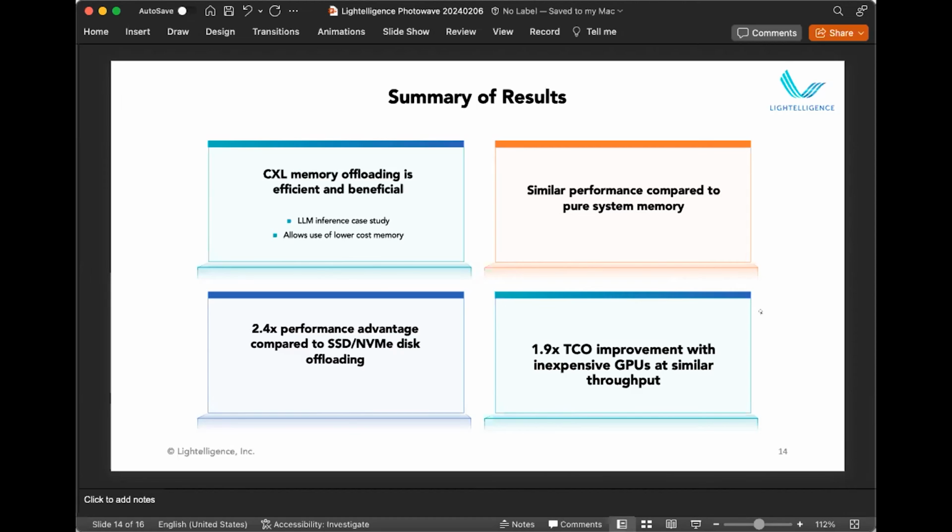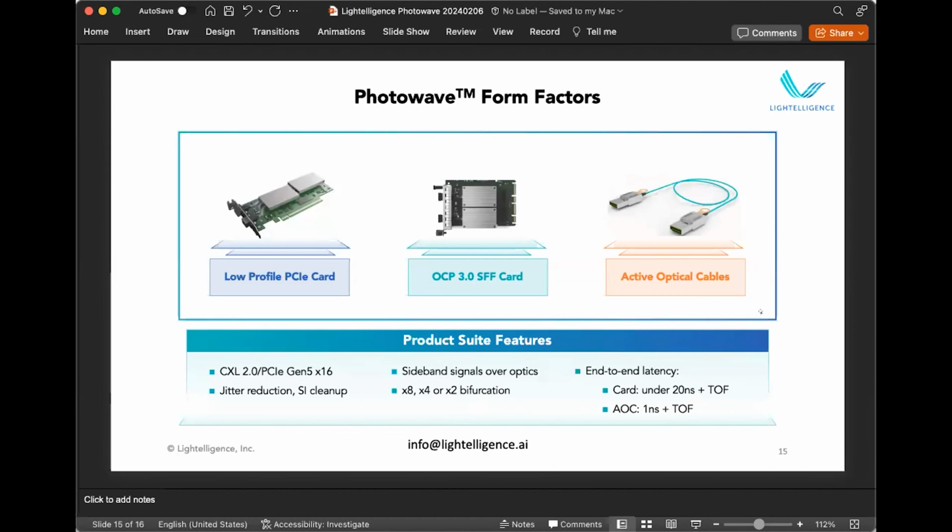Now let's take a look at the products. Here are the Photowave form factors. First off, we have a low profile PCI card that will fit into just about any PCI slot. The card supports Gen 5 by 16, and it also supports bifurcation down to by 8, by 4, or by 2.